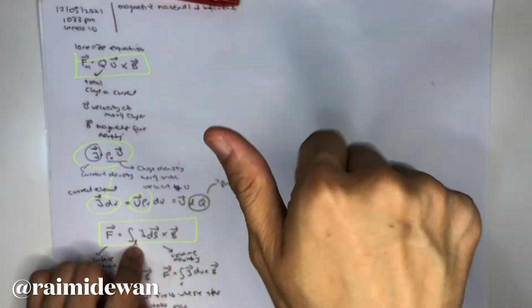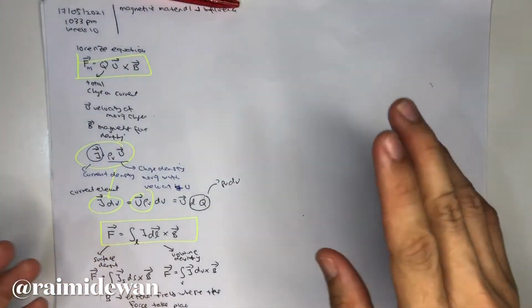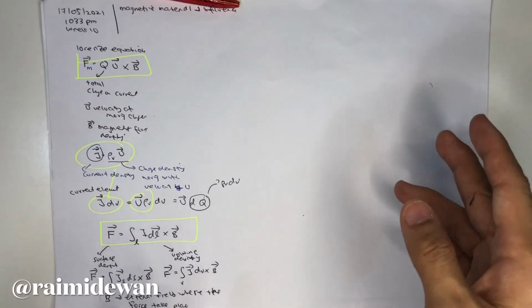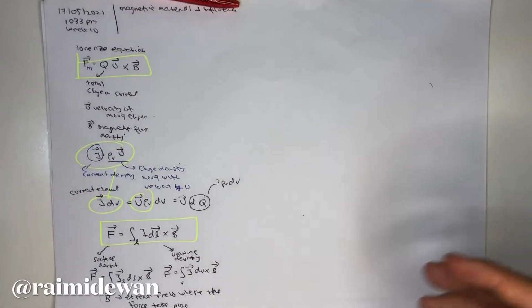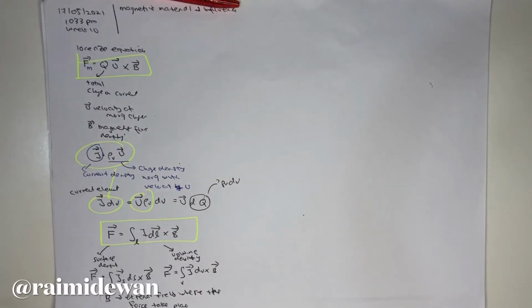This will make it a bit easier for you, let's say x cross y, or something like that. In the end you will get the result of the cross product by using this. It's a bit easier.